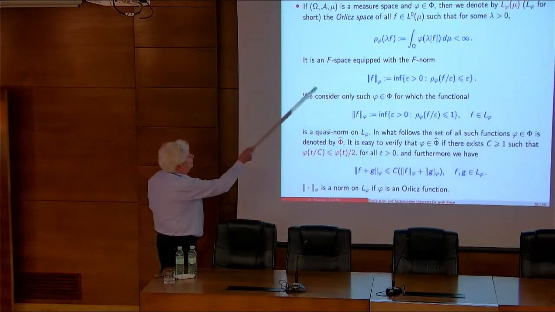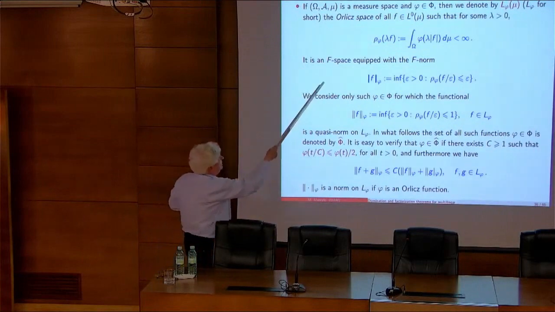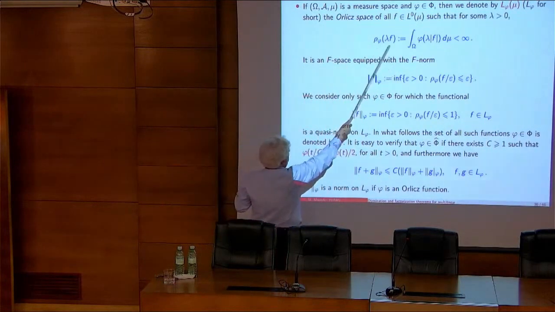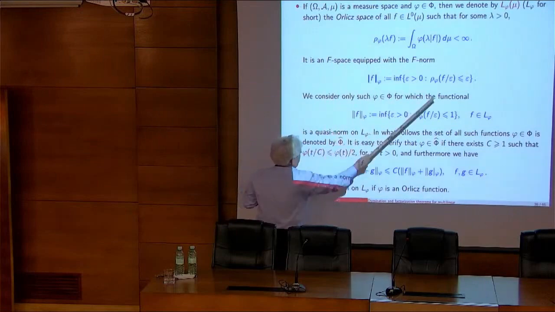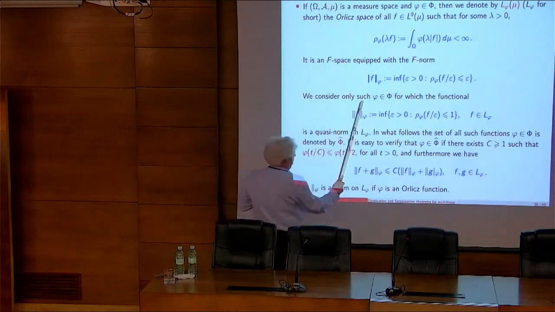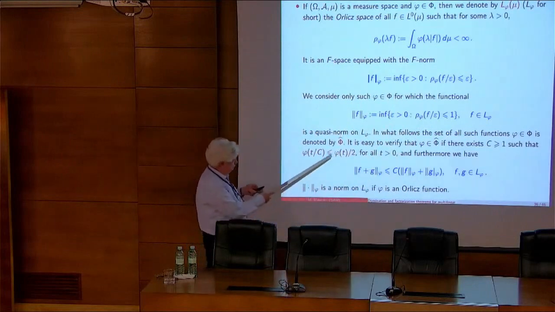Probably everyone knows the definition of an Orlicz space. We have a function phi, which may not be convex. So we define the space of all functions for which this functional is finite for some lambda. This is an F-space with the following F-norm, which is complete. We consider such phi for which this functional gives a quasi-norm.